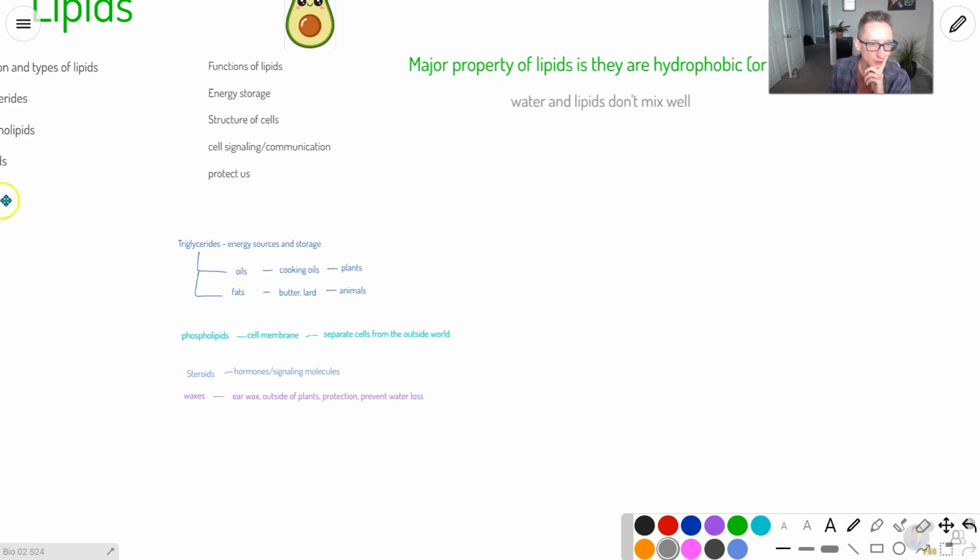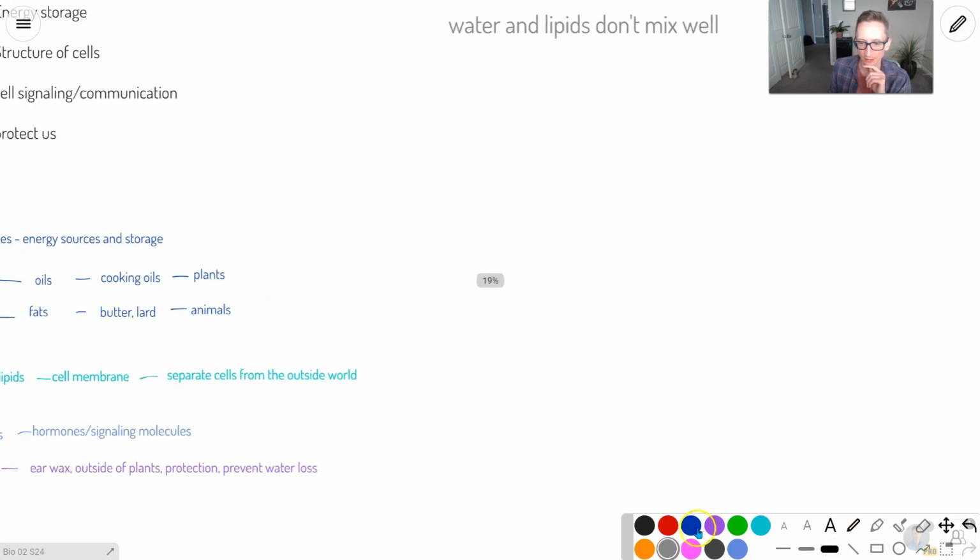All right, so let's start with triglycerides. I'm just going to give you guys the real basics. At the top of a triglyceride, there's something that looks kind of like this. I don't really care that you know the biochemistry of it.